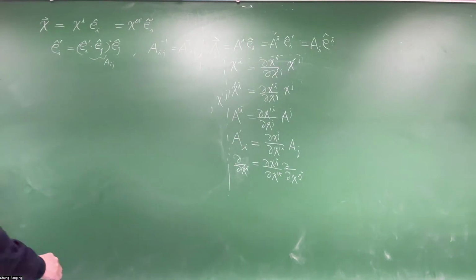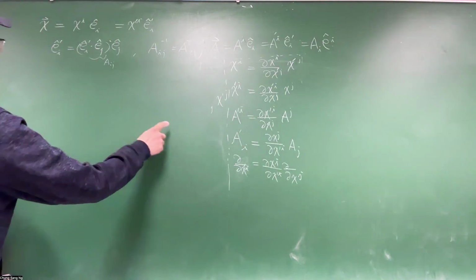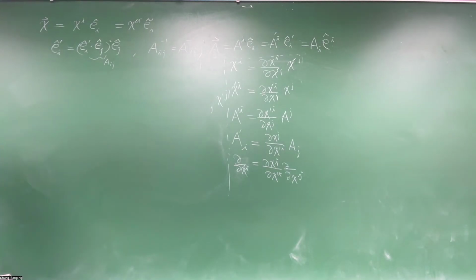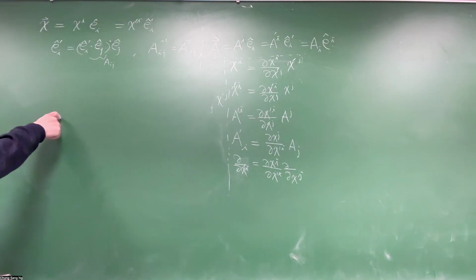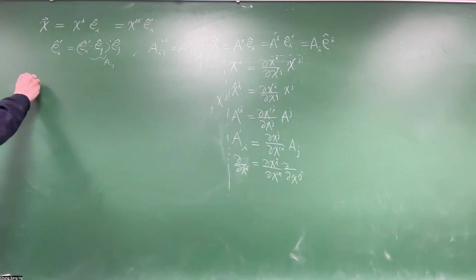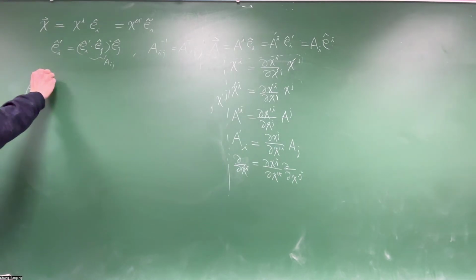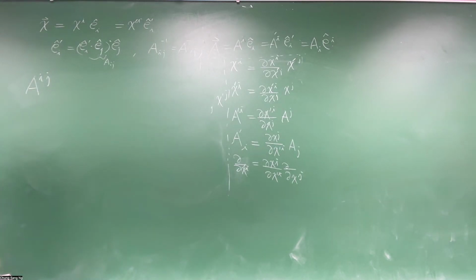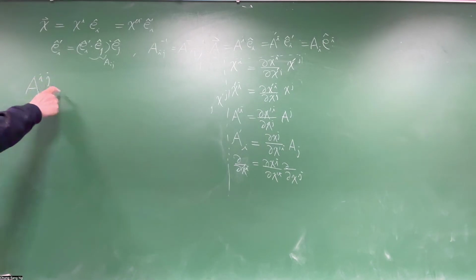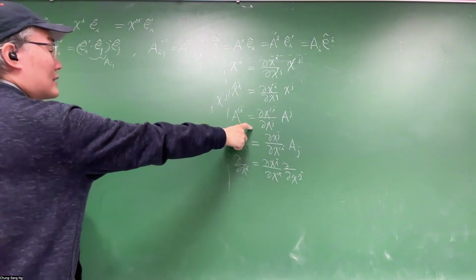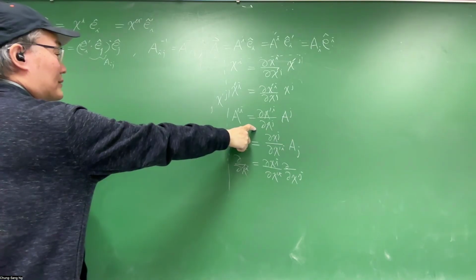Now you can have any combination. So you have two superscripts, like in your textbook, equation 6. The first one has two superscripts, i and j. Each superscript transforms like a contravariant component.